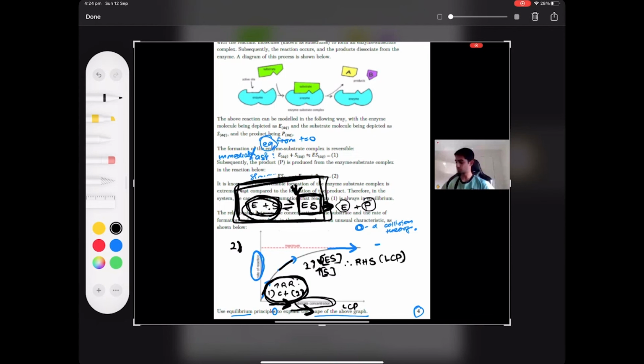Good. Right. So although that's all happening, right, although we're shifting to the right, is that going to completely counteract this decrease in ES caused by this reaction here occurring? No. So I would still mention, however, there is still a net decrease in ES, which results in a decreased number of collisions and decreased successful collisions, as LCP is a partial counteraction.